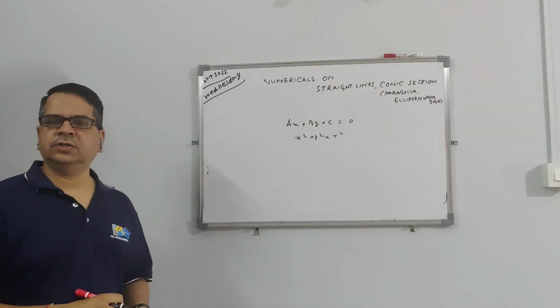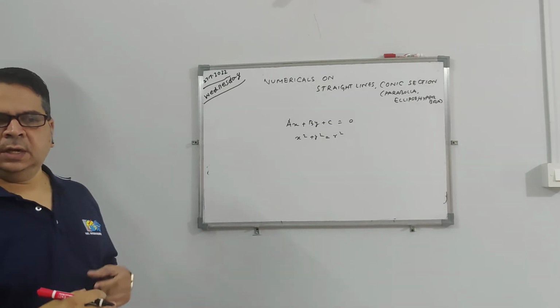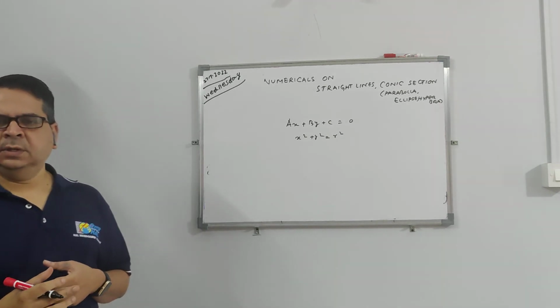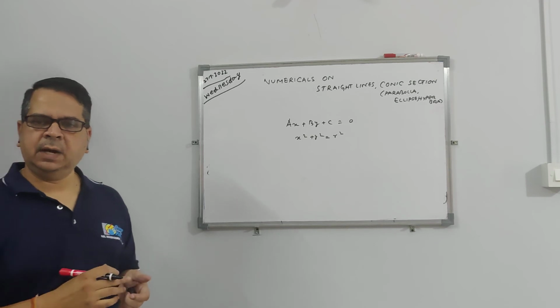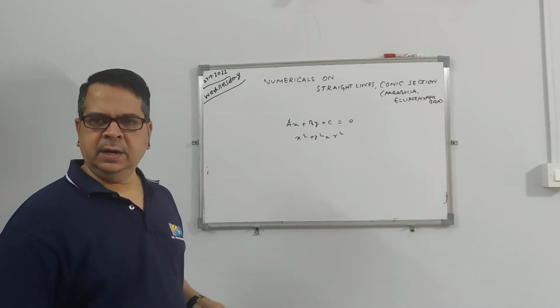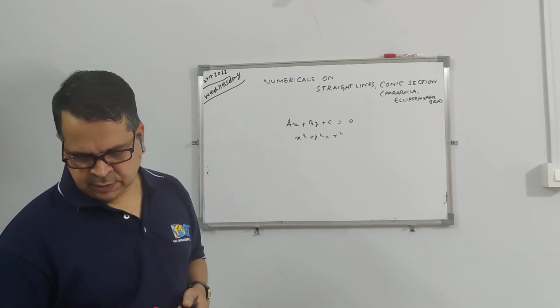The circle is also a conic section. The conic sections are circle, parabola, hyperbola, ellipse. They are not linear in nature, so they will have higher order terms. So the general x and y relationship will be in the form of ax plus by plus c.